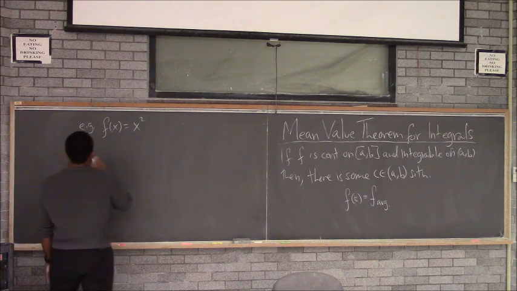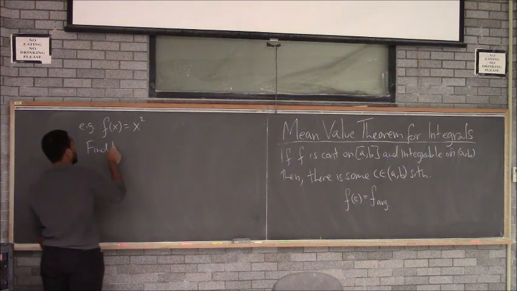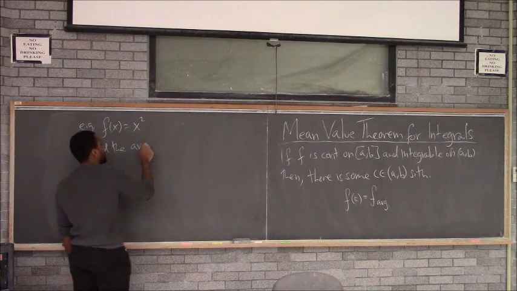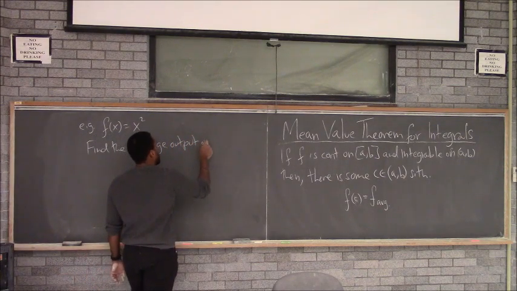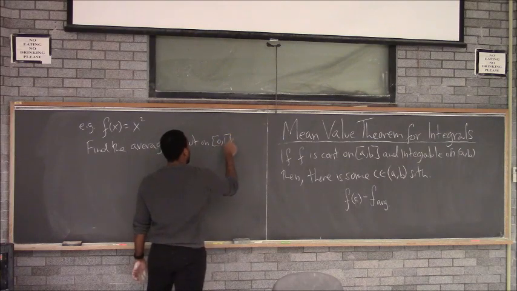Take f of x equals x squared. Find the average output on [0, 1].